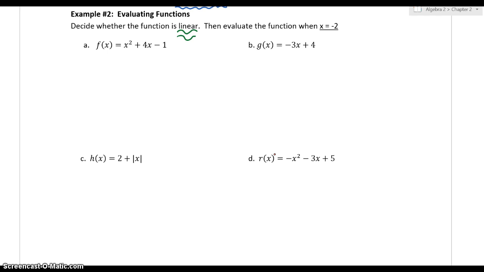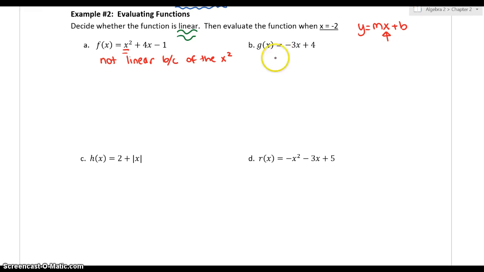Ultimately, if it has the characteristics of a line, which I'm thinking y equals mx plus b, or has a slope, or has only an x with a degree of 1, then it's good to go. The first one is not linear because of the x squared. No lines that we have studied ever had an x squared, the power of 2, therefore we can eliminate that.